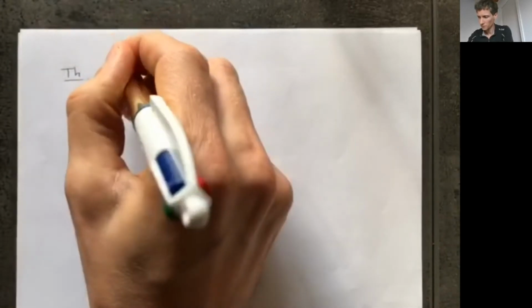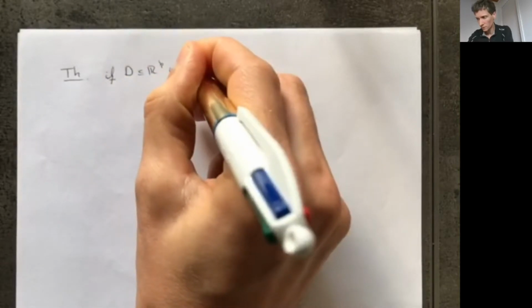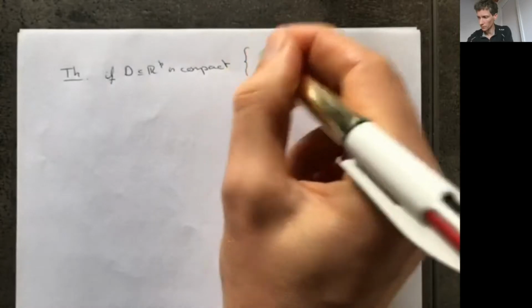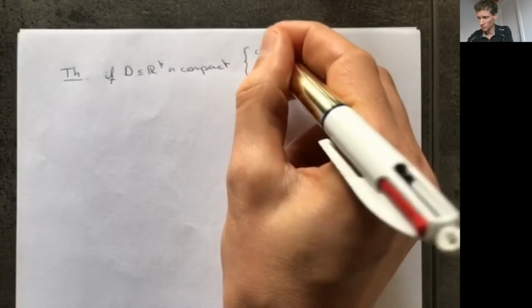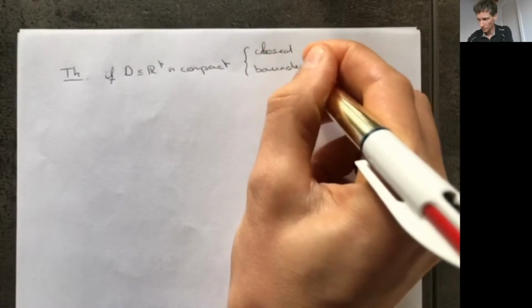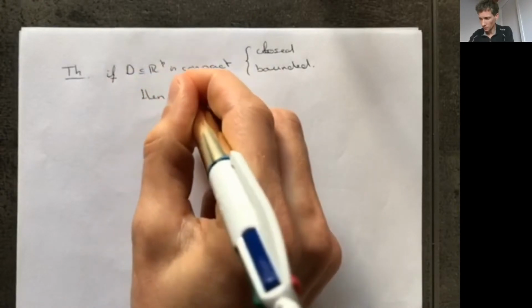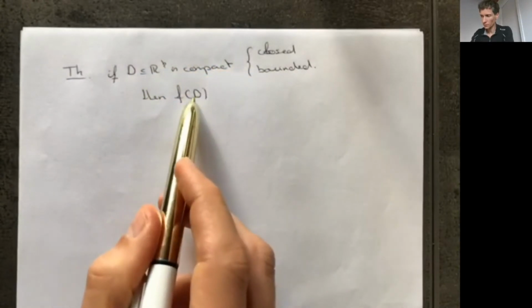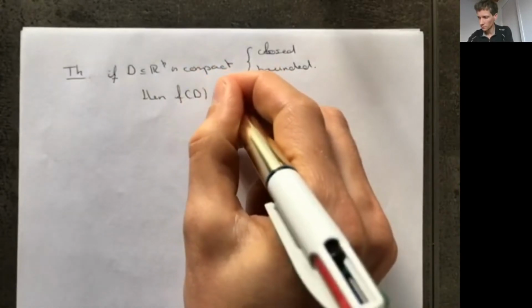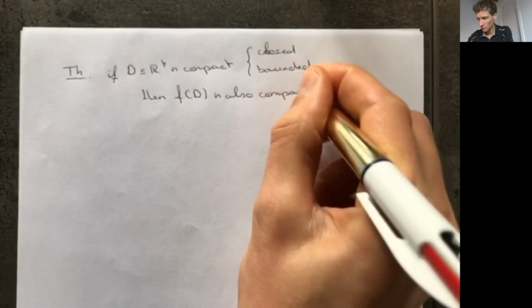If D, which is a subset of Rk, is compact, so you know what compact means, it means that D is closed and bounded, then f of D, which is the range of the function f over the domain D, is also compact.